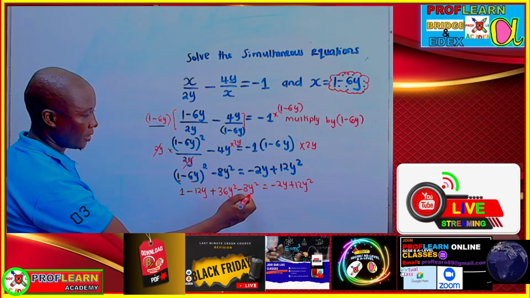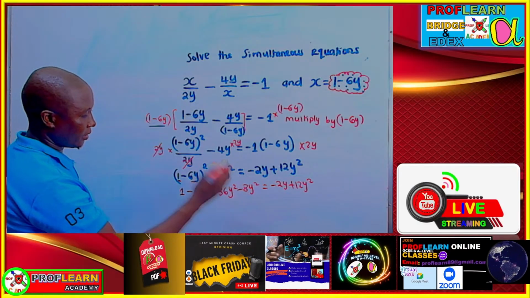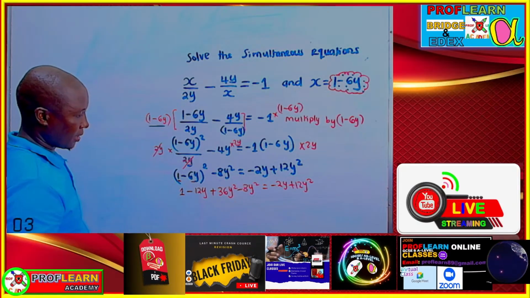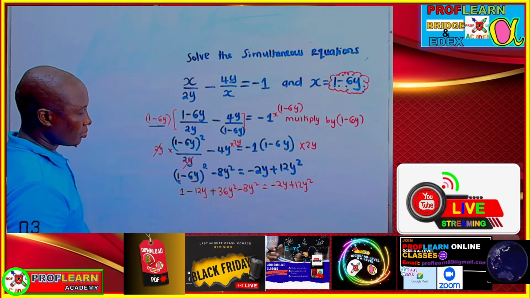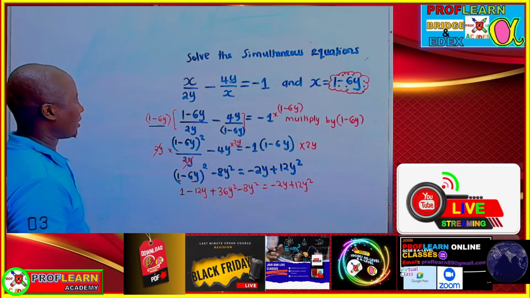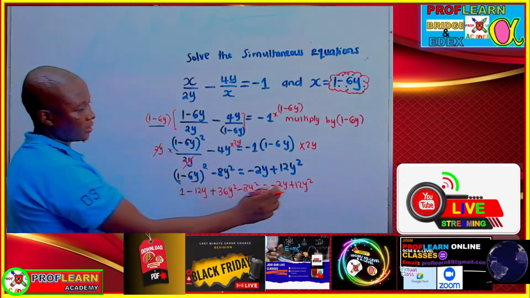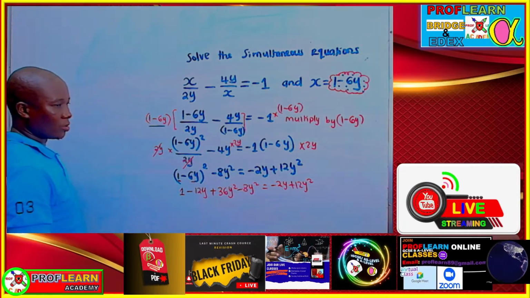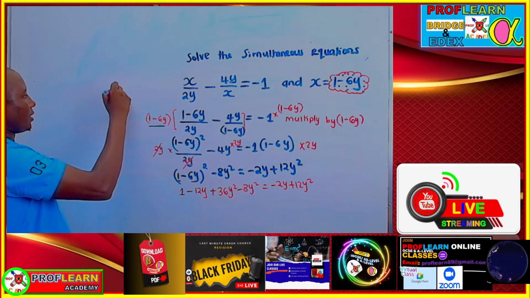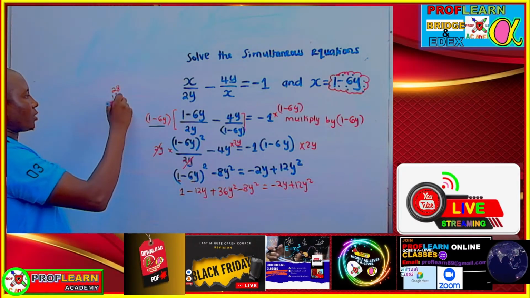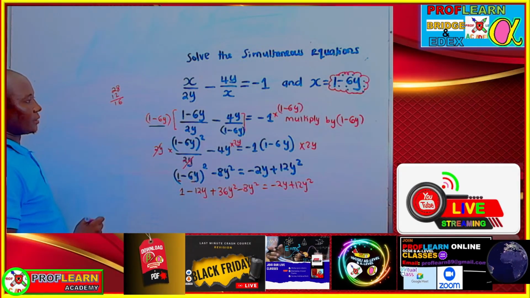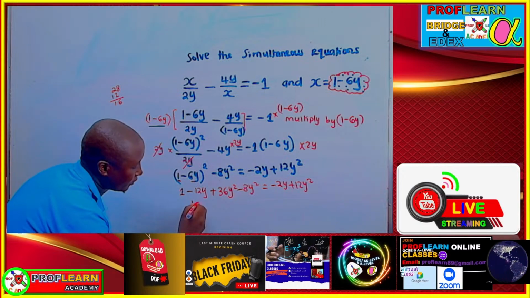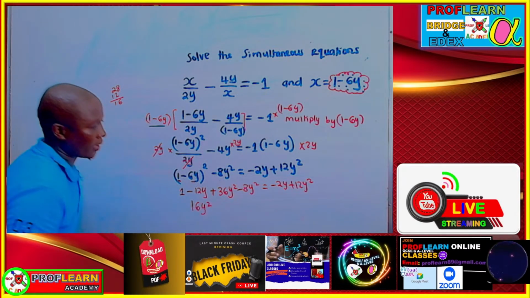This minus this will be basically 36 minus that. That would be 28. 28, we subtract 12. That is going to translate to what? 28 subtract 12. We are going to get 16. So we shall have 16y squared.